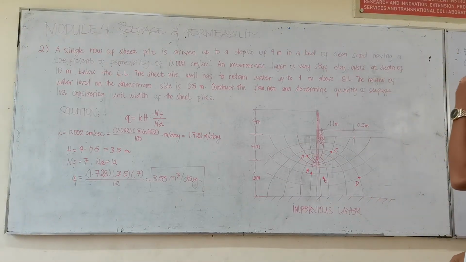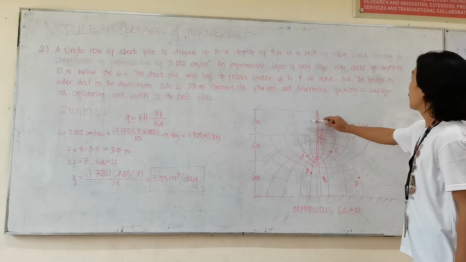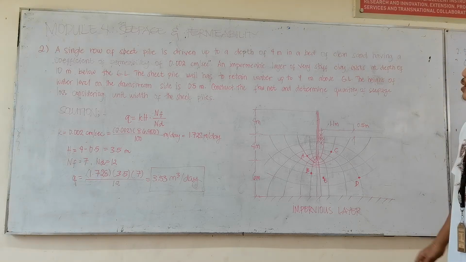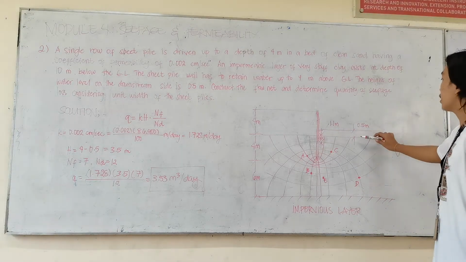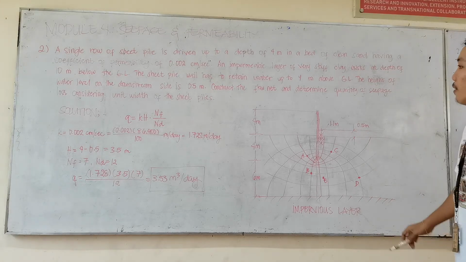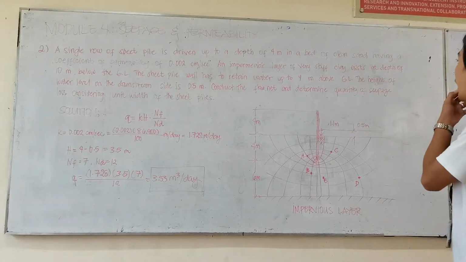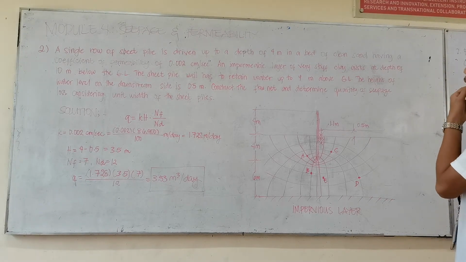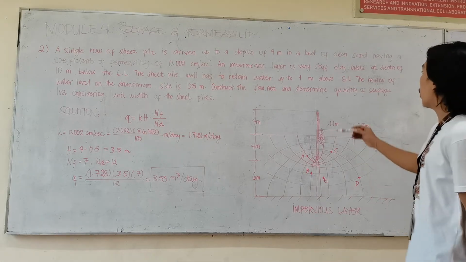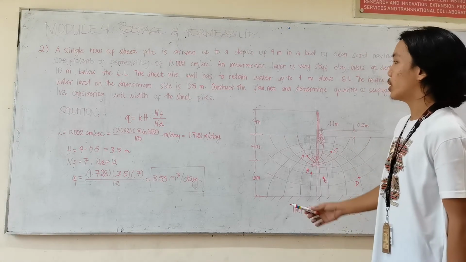Then the sheet pile wall has to retain water up to 4 meters above ground level. Then the height of water level on the downstream is 0.5 meters. Then after we construct the flow net, we are going to solve for the amount of seepage loss considering unit width of the sheet pile.